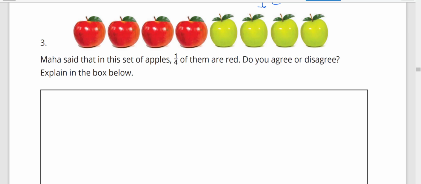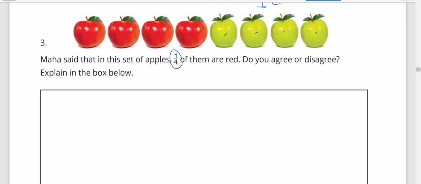Maha said that in this set of apples, 4 of them are red. Do you agree or disagree? Count all the apples, 1, 2, 3, 4, 5, 6, 7, 8.